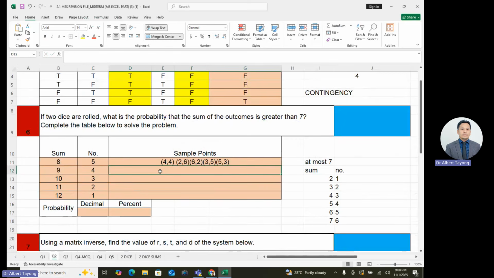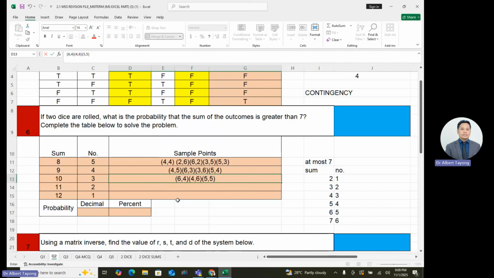And for 9, we have 4 and 5. We have 6 and 3. We have 3, 6, in any order. Then here we have 5 and 4. So we have 4 possible outcomes there. For 10, we have 6 and 4, 4, 6, and we have 5 and 5.